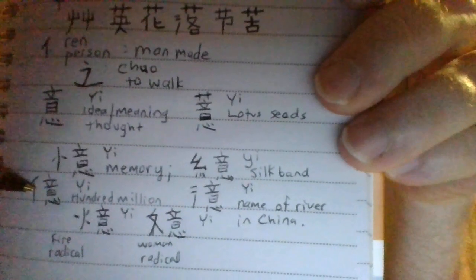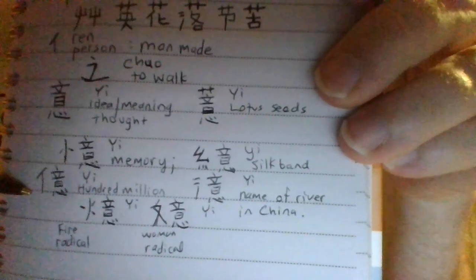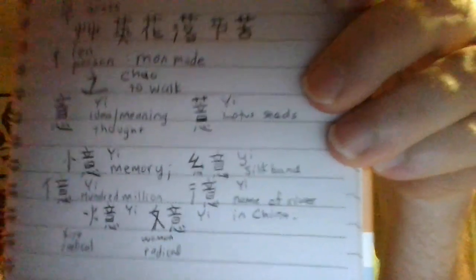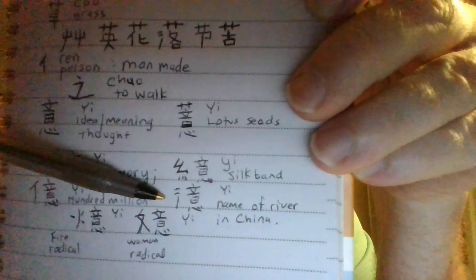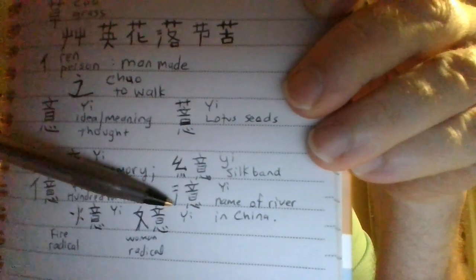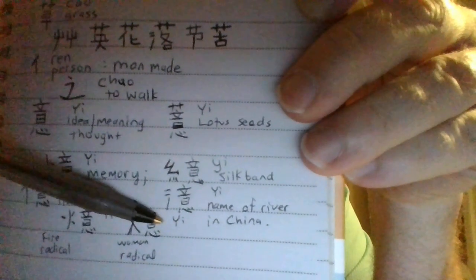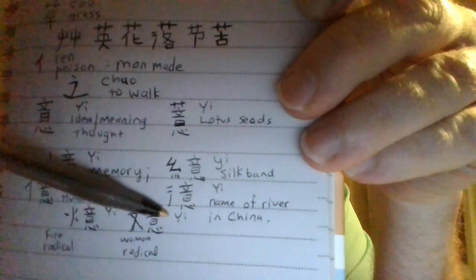We also have yi, which has this human radical, our person radical here, and that means 100 million. And now we add the water radical, and all of a sudden that is the name of a river in China. See, the pronunciation of all of these is yi.